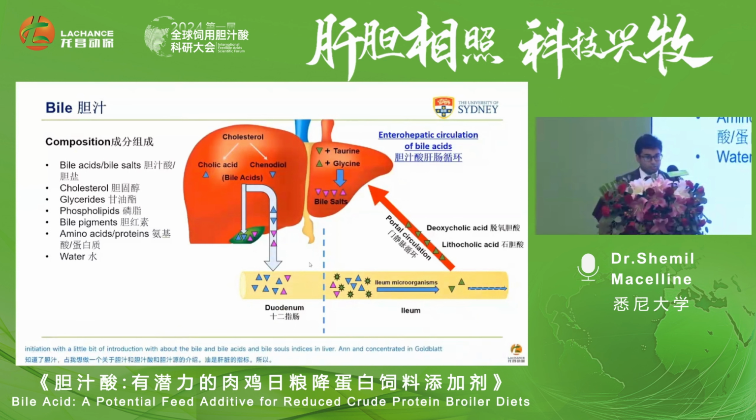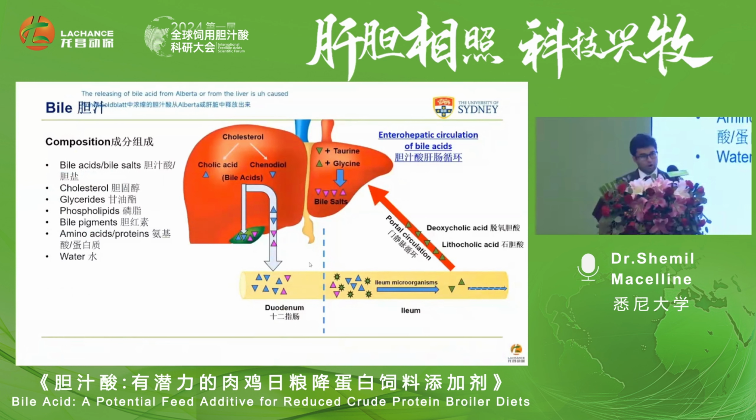The release of bile from the gallbladder or from the liver is caused by a hormonal effect, by the hormone called cholecystokinin. Bile is a mixture of bile acids, bile salts, cholesterol, glycerides, phospholipids, bile pigments, amino acids, and water.